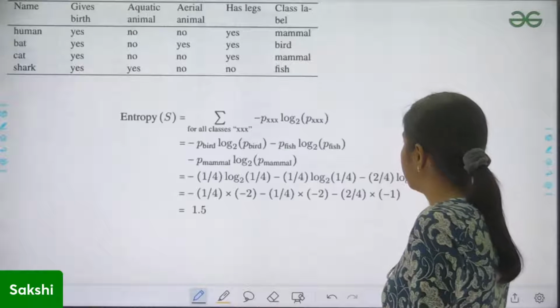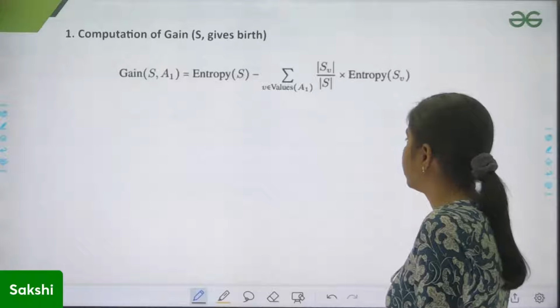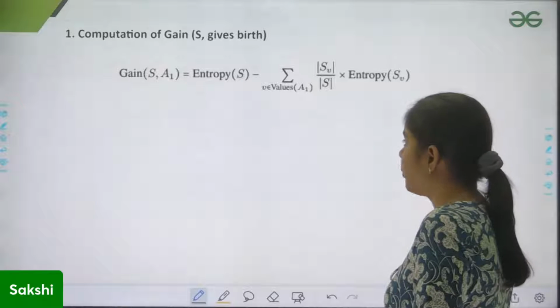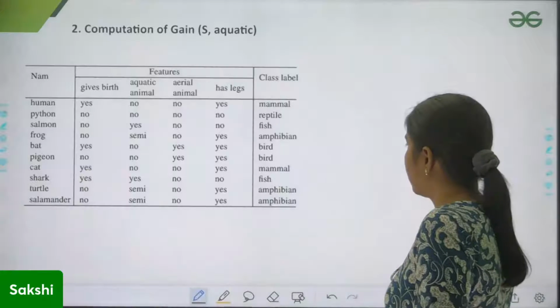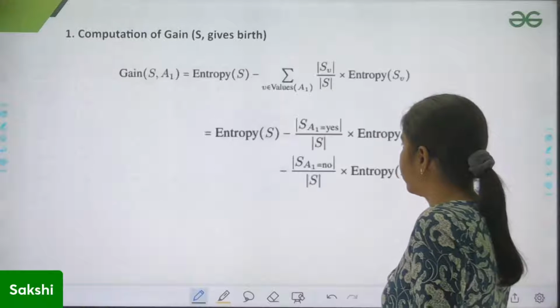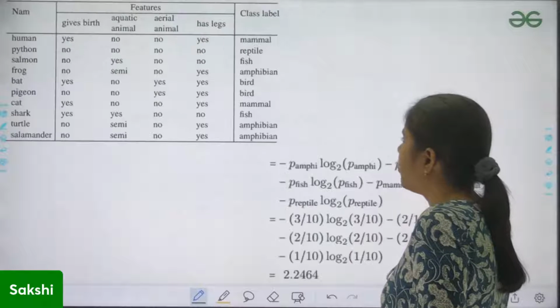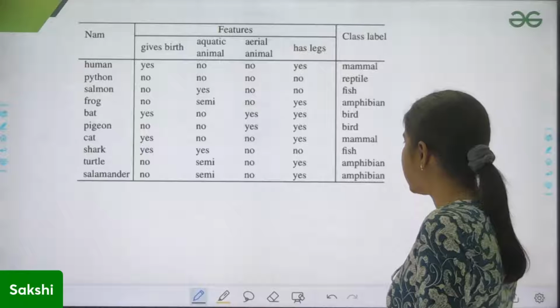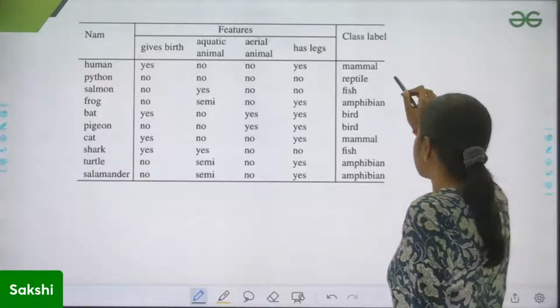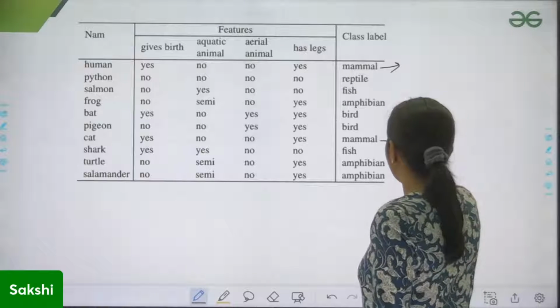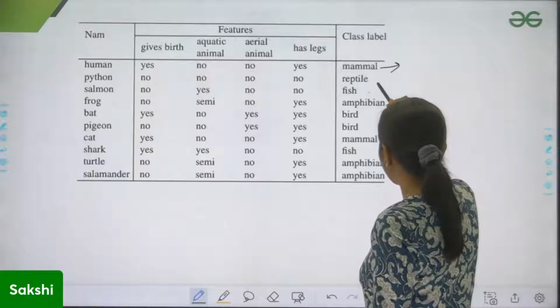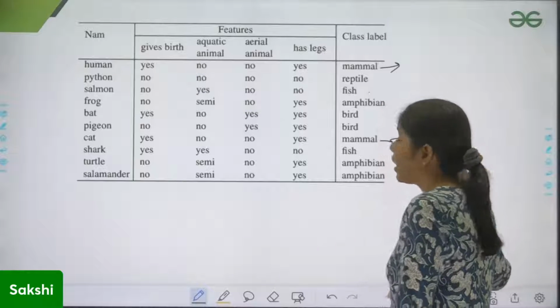So I told you the formula for computation of gain. Okay, I have solved it completely, so let me tell you how we are going to find it out. You can see that here we have mammal, fish, reptile, and amphibian. So we have four classes.